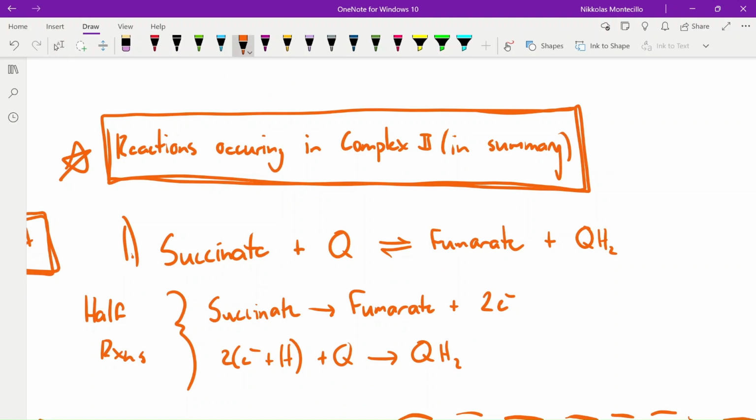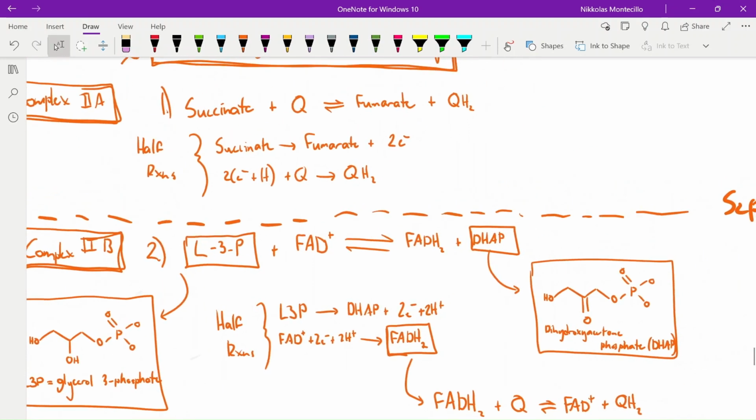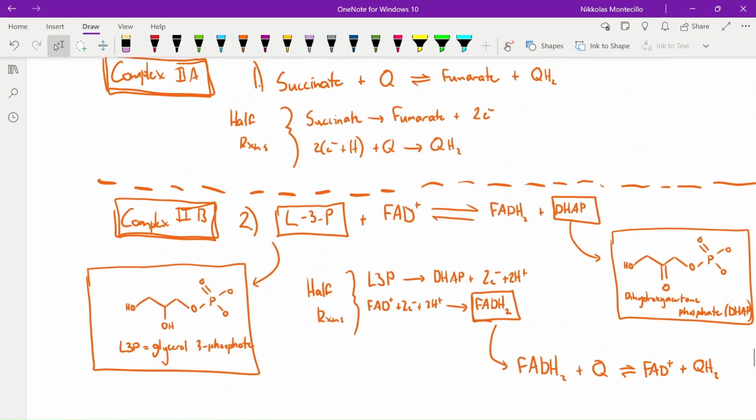And Q, or the quinone, is reduced to form QH2. Now these are separate reactions. Now complex 2B is a separate reaction that we'll go into much greater detail later on, but don't worry about this for now.